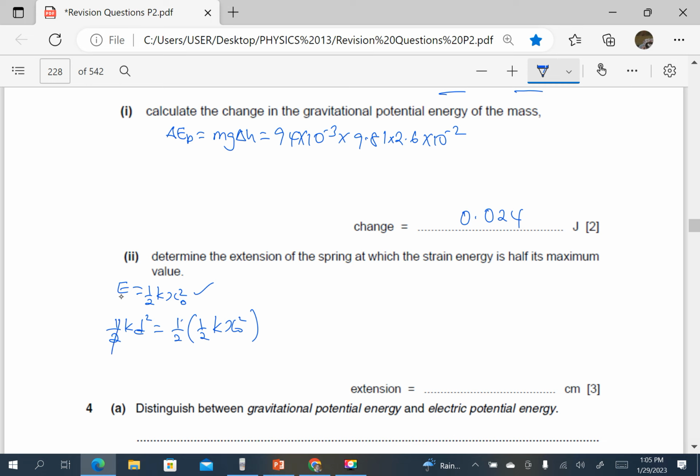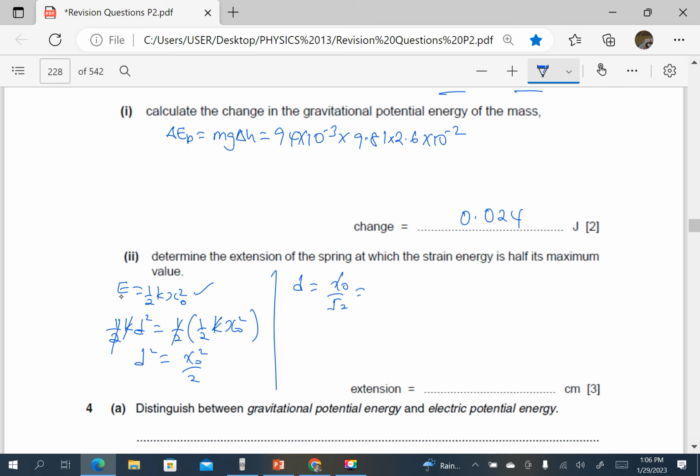So half cancels, and k cancels. It means d squared is equal to x naught squared over 2. So this means d is going to be equal to x naught over the root of 2.